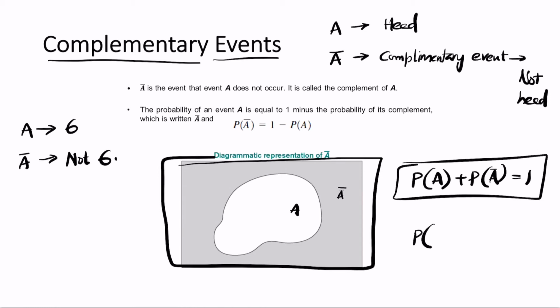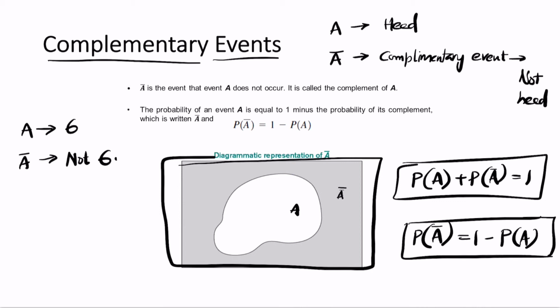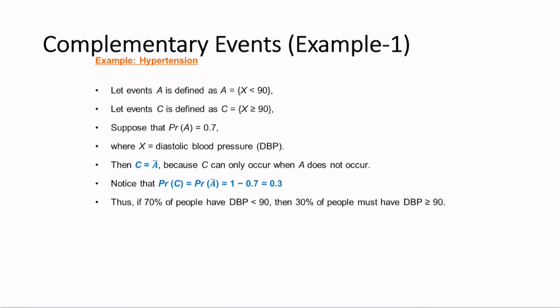So from this we can write P of A bar as 1 minus P of A. Sometimes when you cannot calculate the probability of a certain event, we can calculate the probability that it will not occur, which makes it easier to understand the probability that it will occur. So this is the idea behind the complementary events.